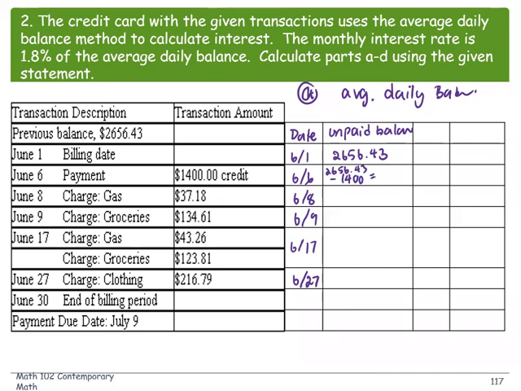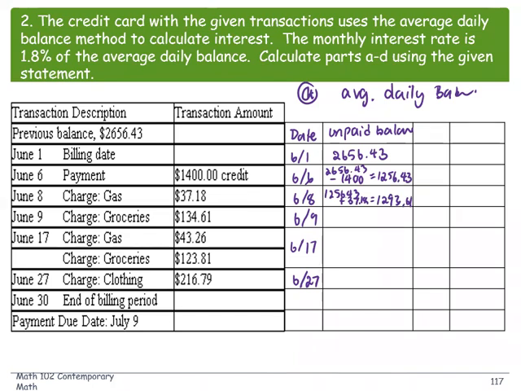So the balance on the 6th becomes 1256.43. On the 8th, the charge was $37.18, so 1256.43 plus 37.18, and the balance on that day is 1293.61.